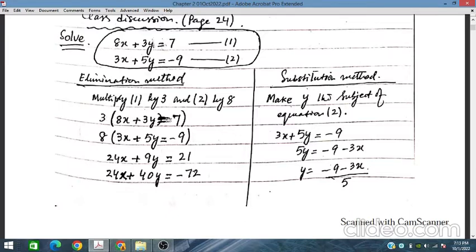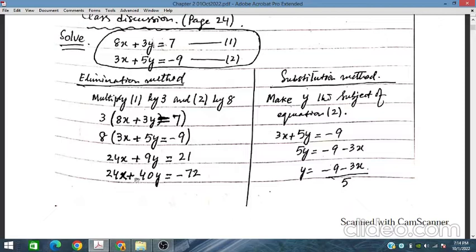By multiplying equation 1 by 3 and equation 2 by 8, we have obtained these two equations respectively.